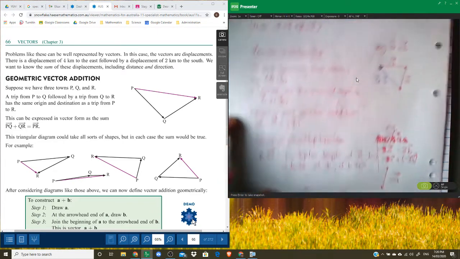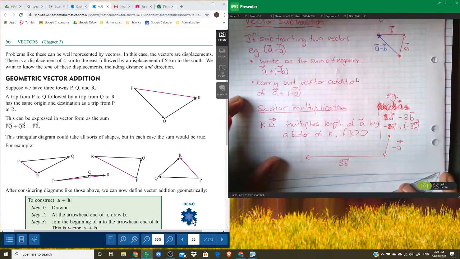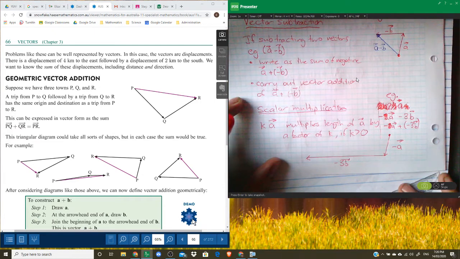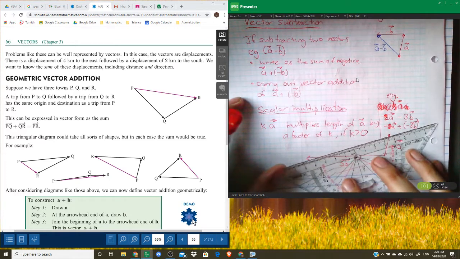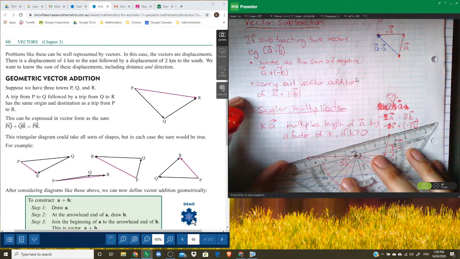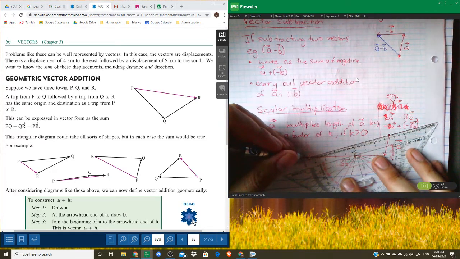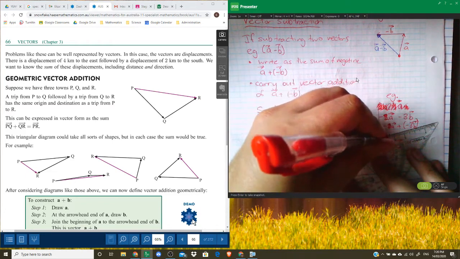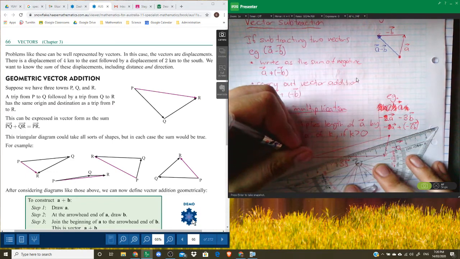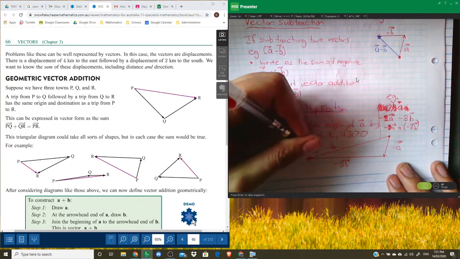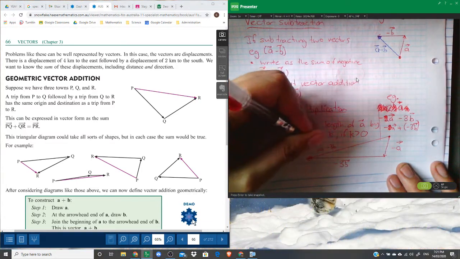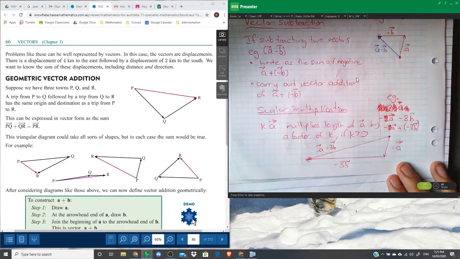So I've taken, sorry, let me show you that. I've taken B three times the length in the opposite direction. And that would be the resultant. Okay, and there we go.